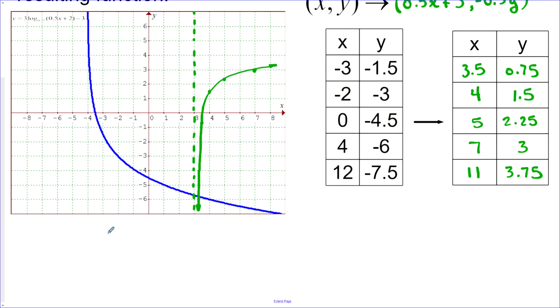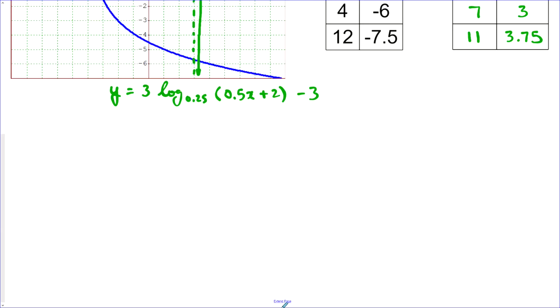So our original equation was y equals 3 log 0.25, 0.5x plus 2, all minus 3. Okay. Now to get the transformations in here, the y's are easy. They just need to go on the outside of everything, so negative 0.5.